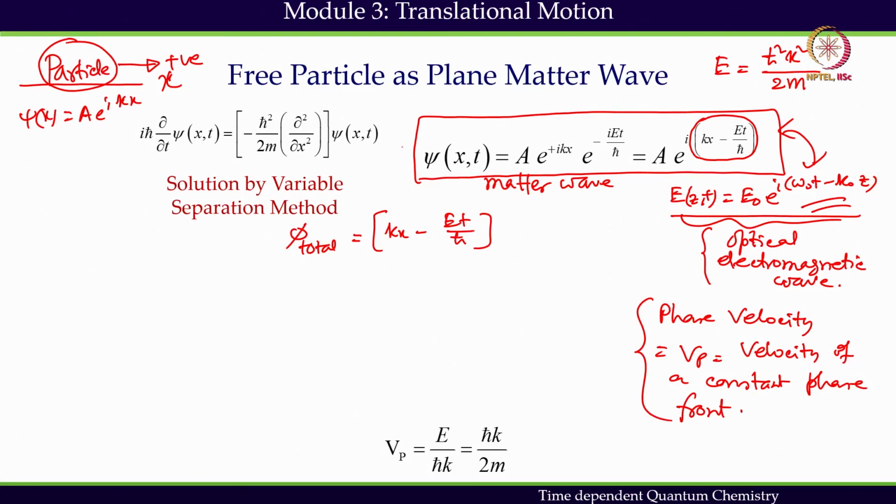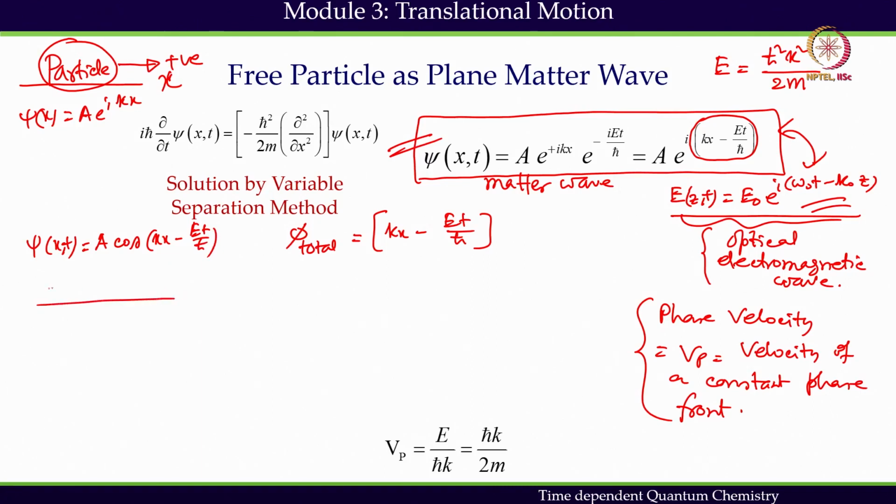And how do I plot this? This is a complex form, so take the real part. The real part will be given like this way, cos(kx minus Et by h cut).